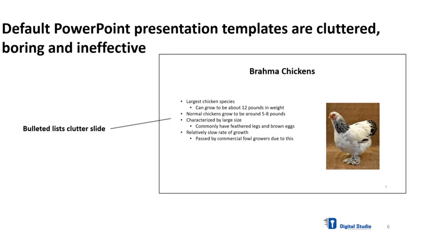This is the typical default template that they give you. So many times you see this. The title is Brahma chickens, and then you have a bullet point list of facts. This is really poor for the audience to see because the bulleted list clutters the slide. The audience will be reading the slide, not listening to what you have to say.